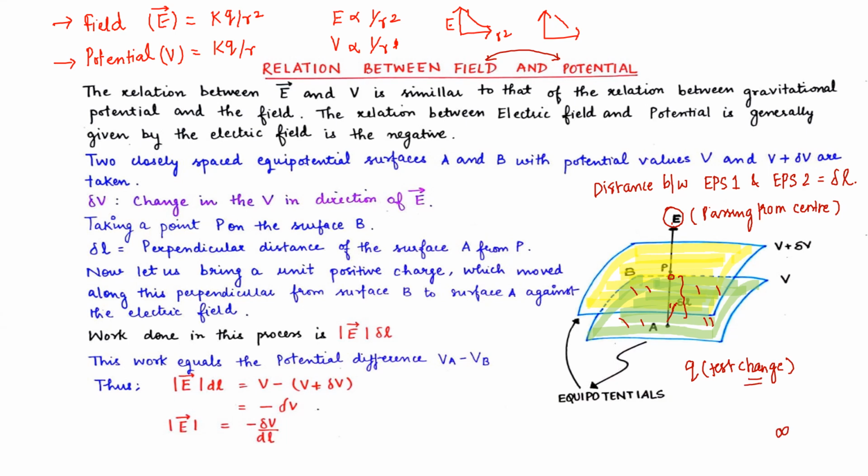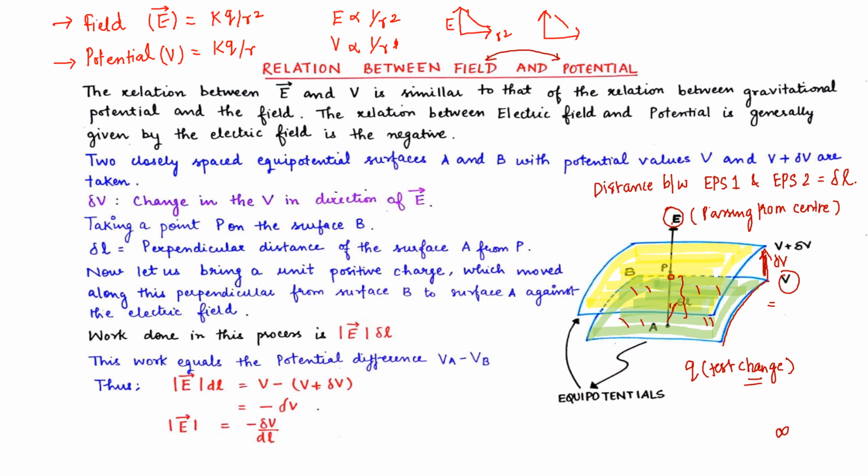This charge came in contact with this potential surface first with V, then this charge will move a distance of del L. In this particular distance, the charge will feel a minimal extra potential, that is del V, added.